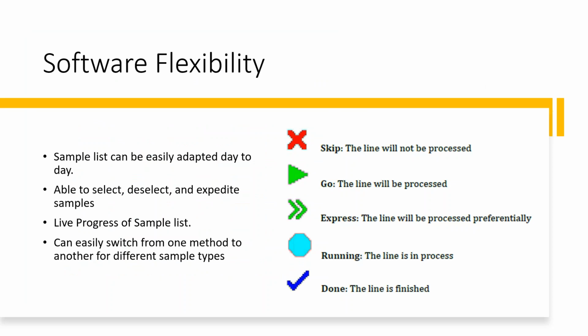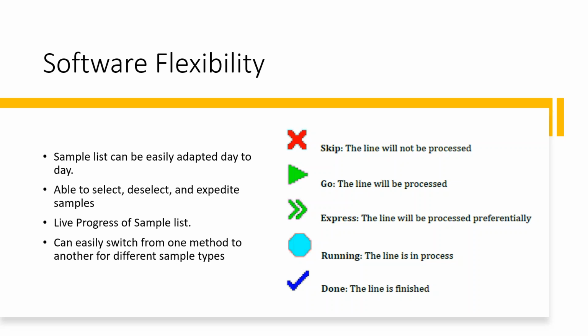One of the nice things about the software that makes it really flexible is that once the same sample list is created, your sequence can be easily adapted day to day. If you have routine preparations that you do on a regular basis, you can create the sequence once, and then you simply load and run that sequence each day, and it's a matter of just a few clicks.